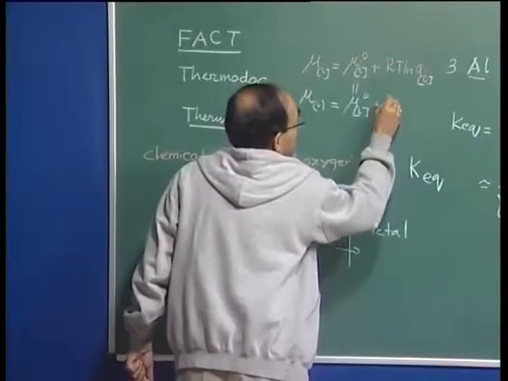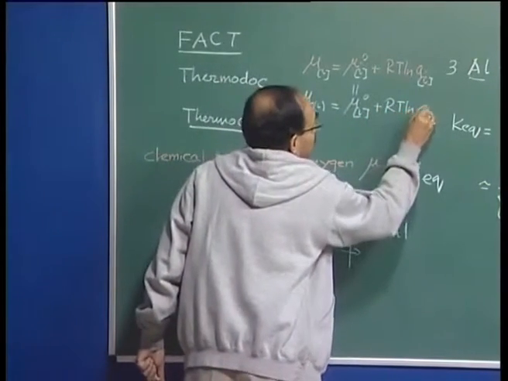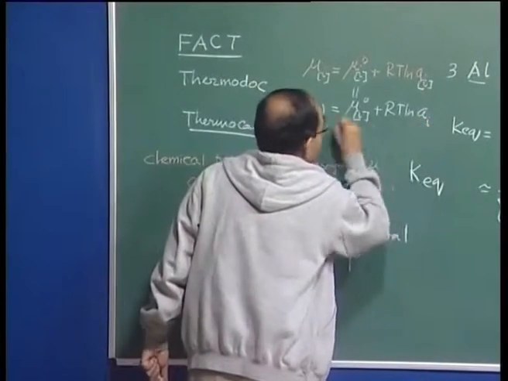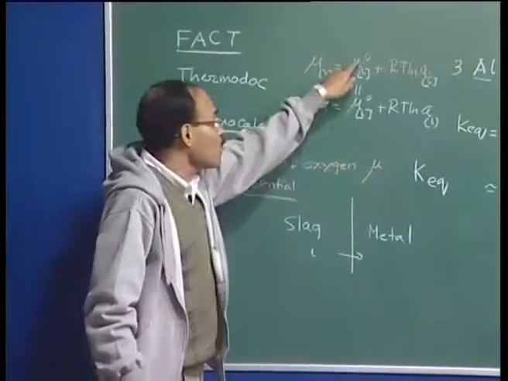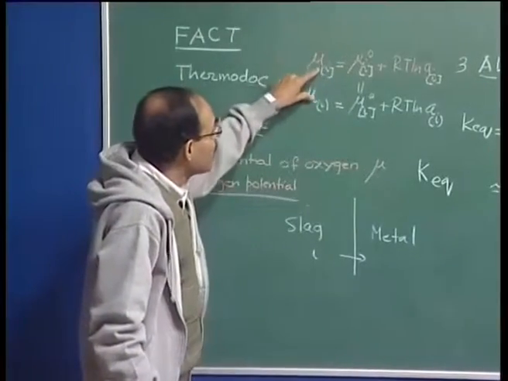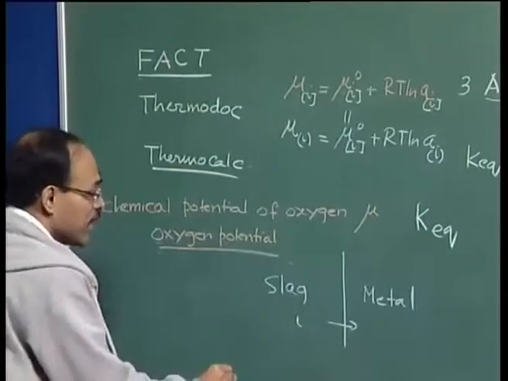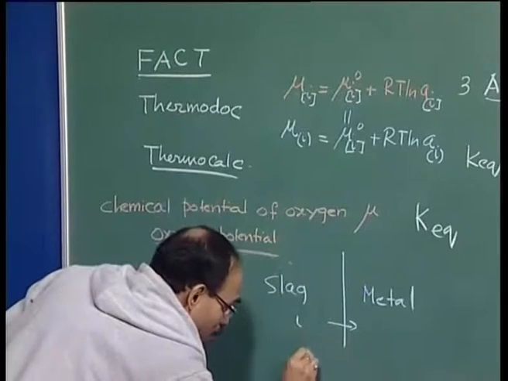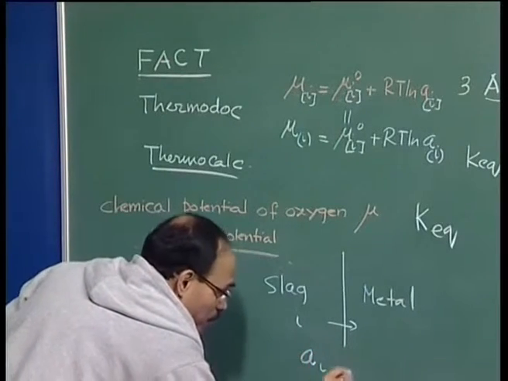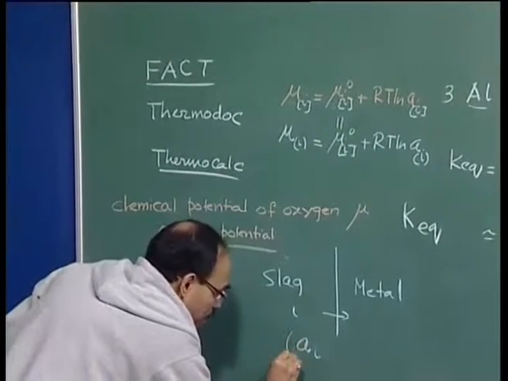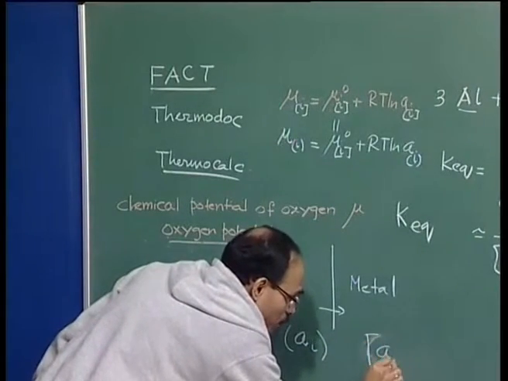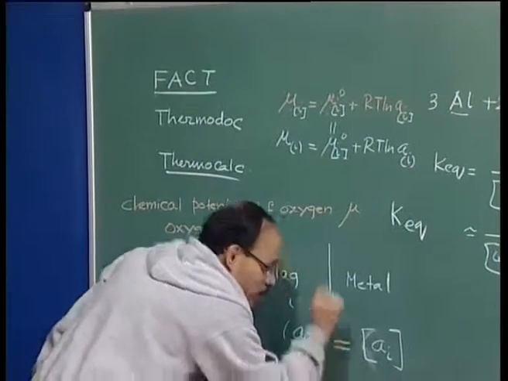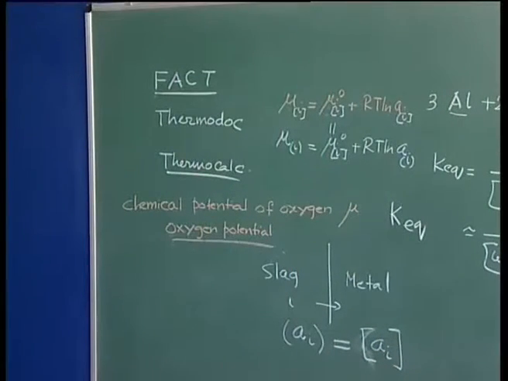Then we can write RT ln activity of i in the slag phase. Since these two standard quantities have been assumed identical, equality of chemical potential implies that at chemical equilibrium, the activity of i in the slag phase is exactly equal to the activity of i in the metal phase, and that is the essential condition of chemical potential equality.